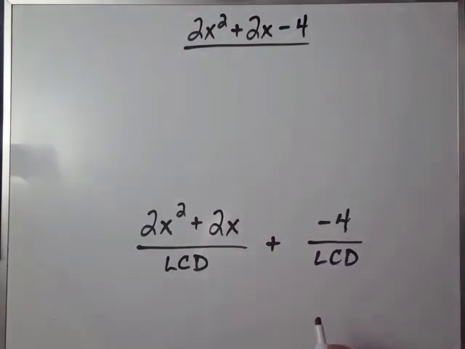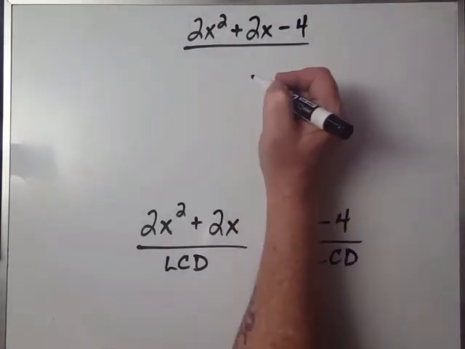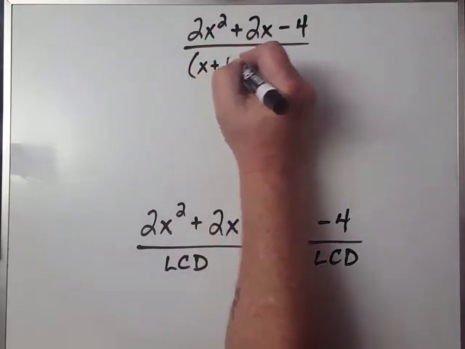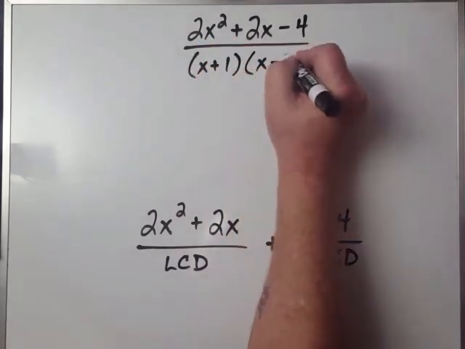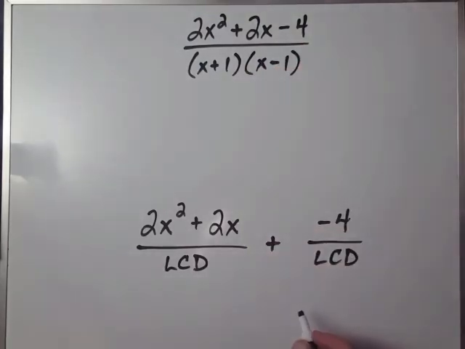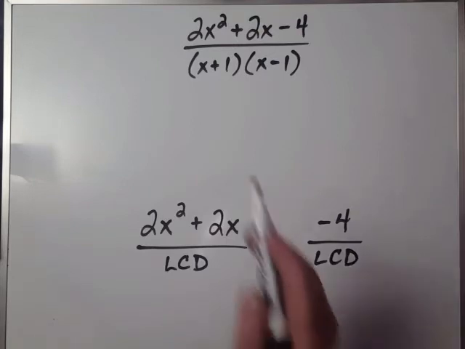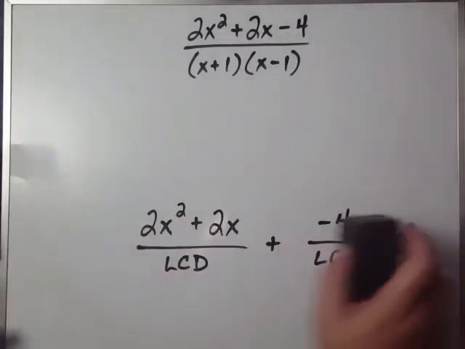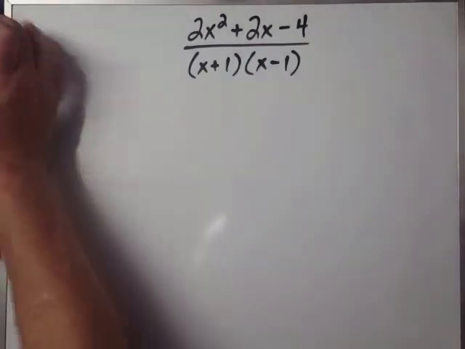Now, it is possible that this is our final answer. And so instead of using my abbreviation, I'm going to restore the actual common denominator, x plus 1, x minus 1. But now I have to ask, am I done? Or can these be reduced to lower terms?